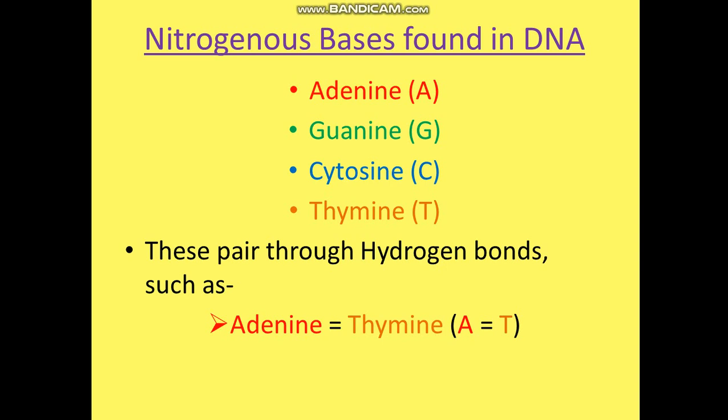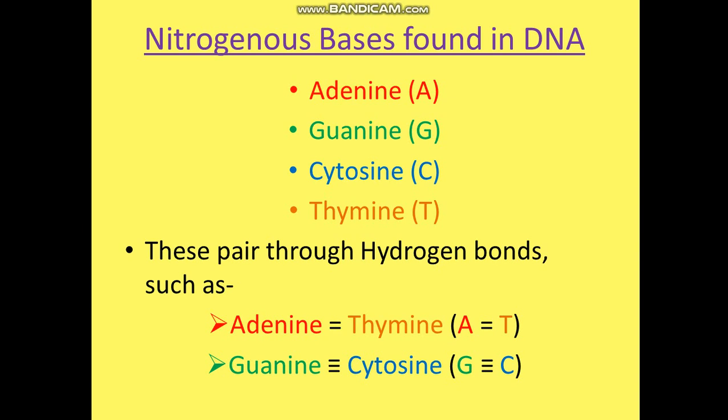Always, this is universal truth in all individuals of all the phyla, of all the kingdoms. Adenine always binds with thymine with two hydrogen bonds. Clear? Second, guanine always pairs up with cytosine with three hydrogen bonds. Okay, this is not a triple bond.